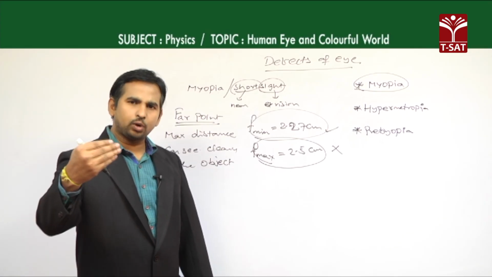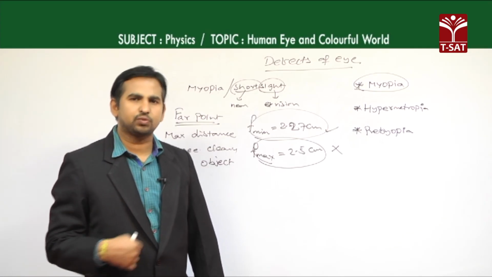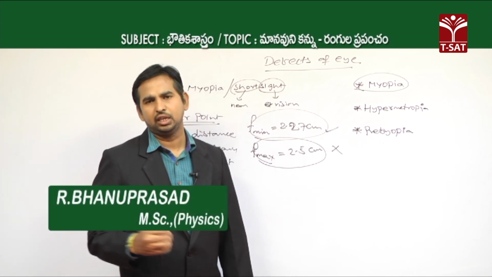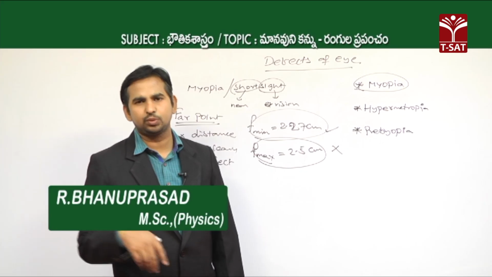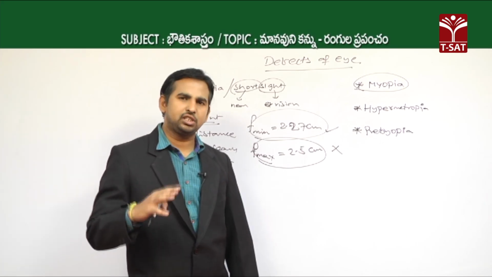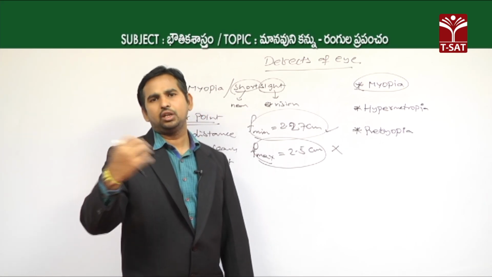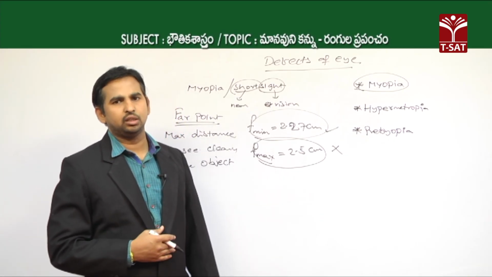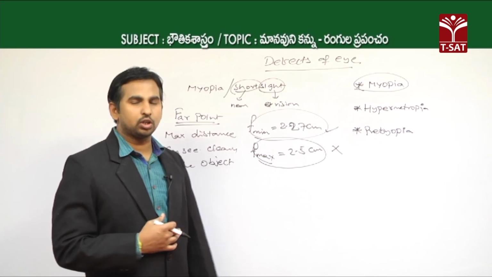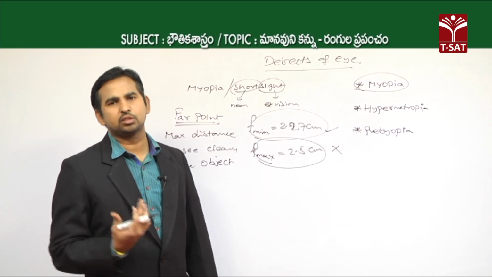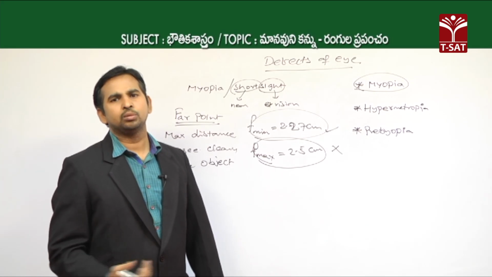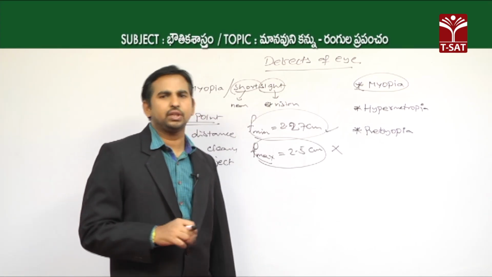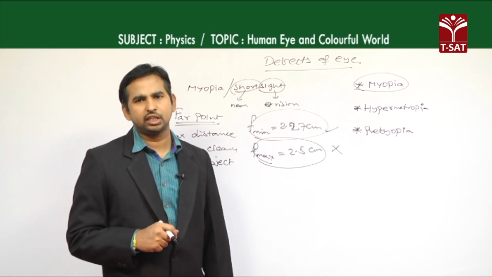If you take the object before the far point, the myopia-defected eye can see it very clearly. So if an object placed beyond the far point is made to come before the far point, then it can be seen very clearly. It is possible to cure this myopia by using a concave lens, because a concave lens is diverging in nature.